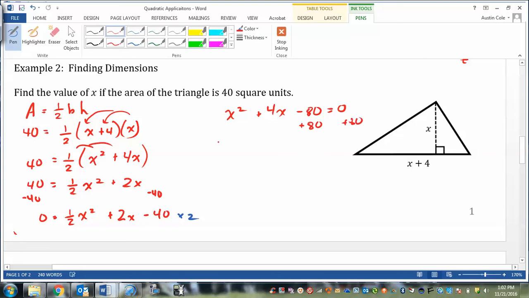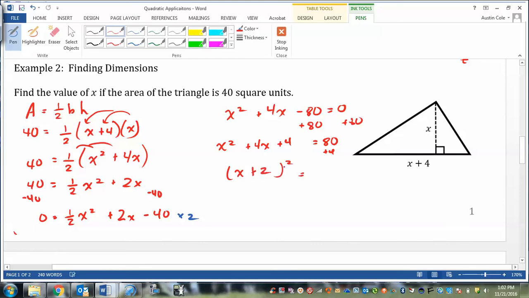I'm going to move 80 to the other side. I'm going to get x squared plus 4x, and that's going to equal 80. Now I need a new c value. Take half of my b value, which is 2, square it, which is 4, and add it to both sides. Now I can rewrite this as x plus what? 2.